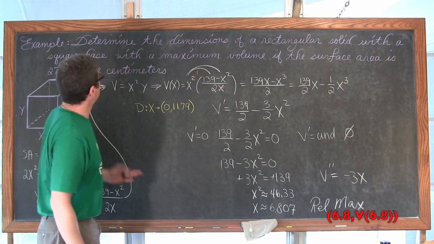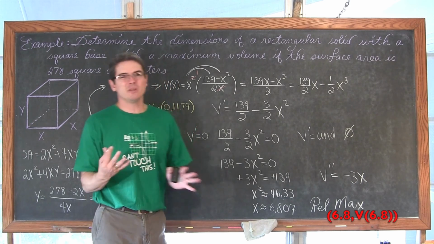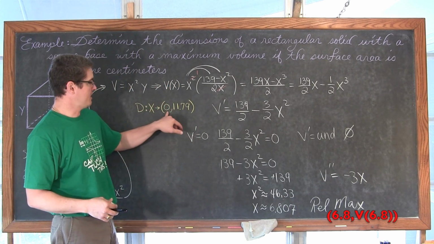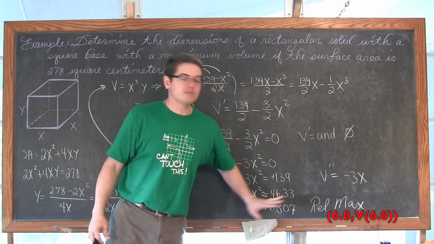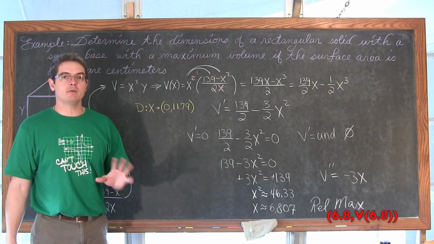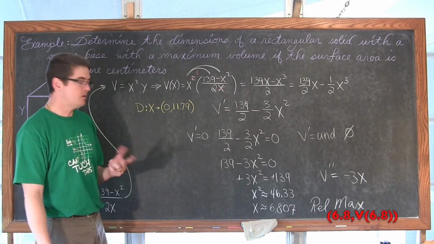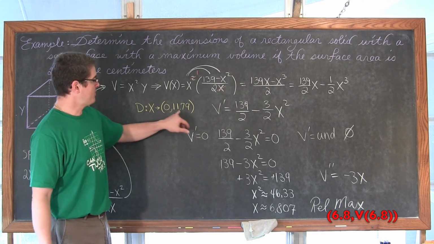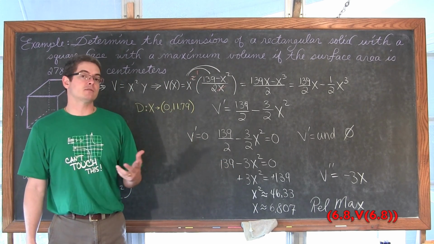Okay, so what were we trying to find? Determine the dimensions. I don't really need to test here, I don't believe. When you find your relative max or mins, whatever is appropriate for the problem, and you want to test whether it is the absolute max or min, you should be testing the endpoints of your domain and your critical values, all your critical values if you have more than one.